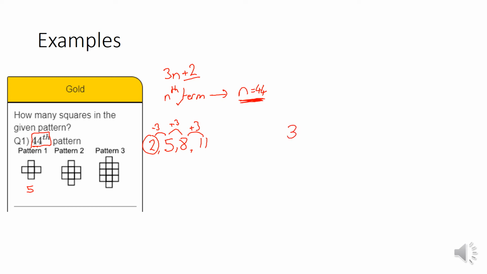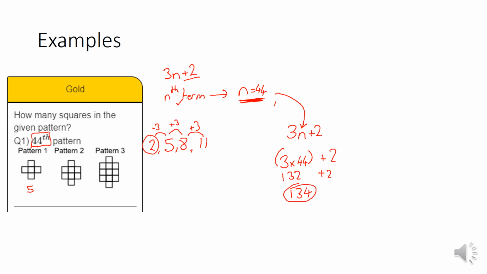So we know that it's 3n plus 2, and we know that n equals 44. So we're going to do 3 times 44, and then plus 2. So 3 times 44 gives 132, plus 2, so that is 134 overall.